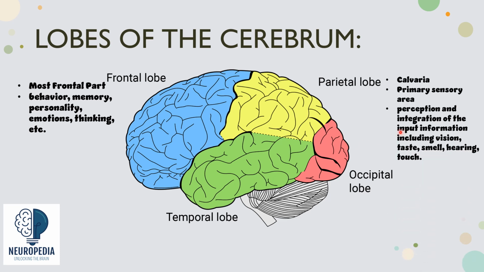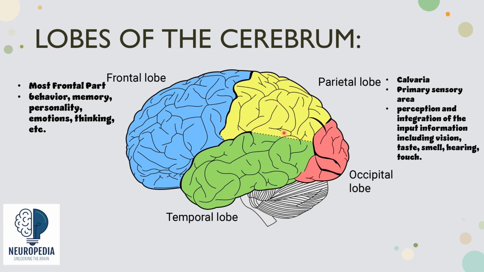Parietal lobe. The parietal lobe is located behind the frontal lobe. Here in yellow is the parietal lobe. The calvaria's parietal bone is the bone below which the parietal lobe is found.